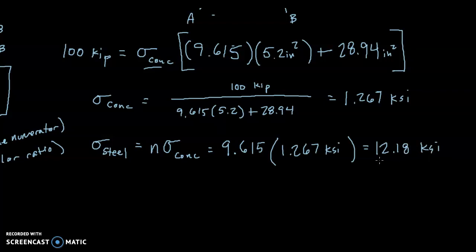So it's interesting that there is so much more stress in the steel versus the concrete, but that's because the steel has a much higher modulus of elasticity. And because it is so much stiffer, it carries more of the load.